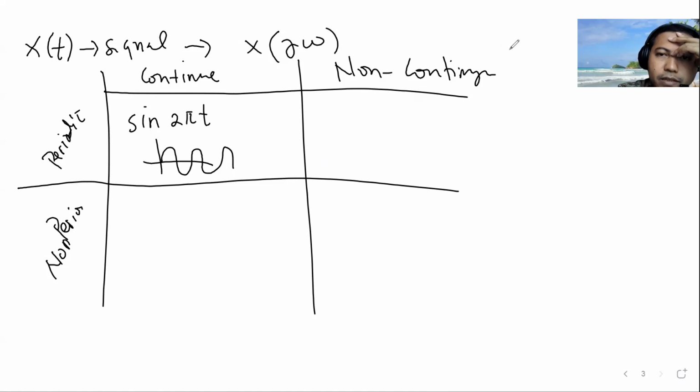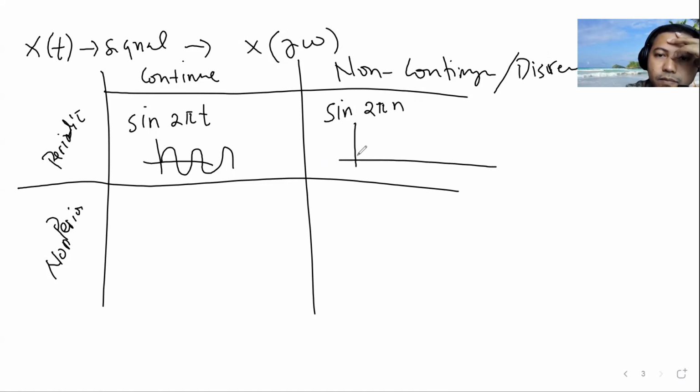Periodic but non-continuous, or discrete: we can still use a sinus, but in discrete representation, for example a signal like this.